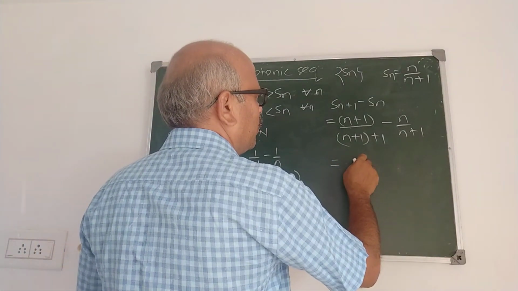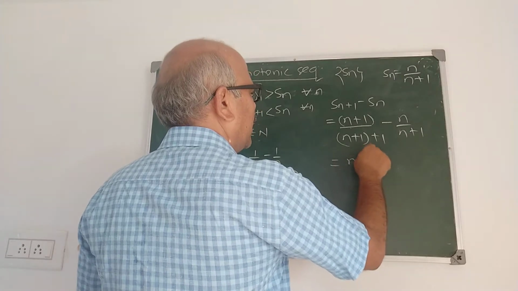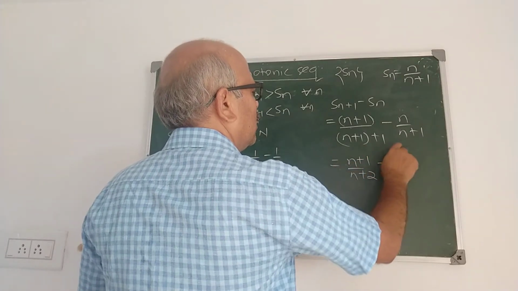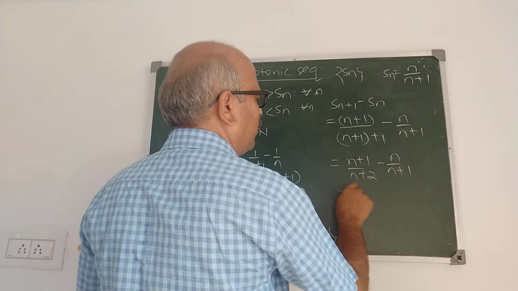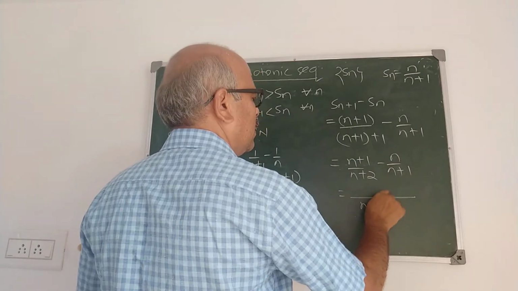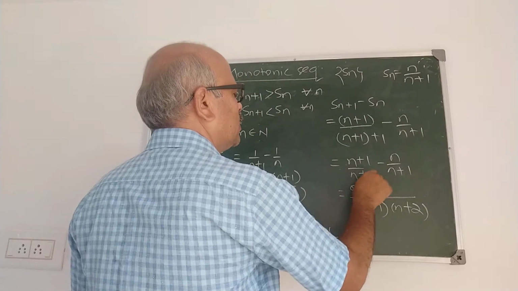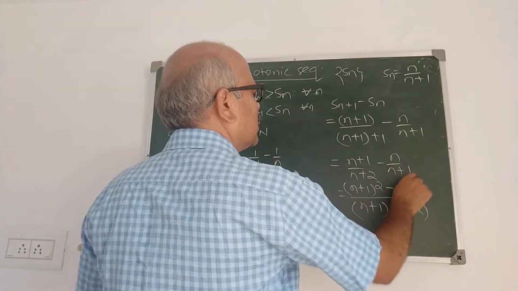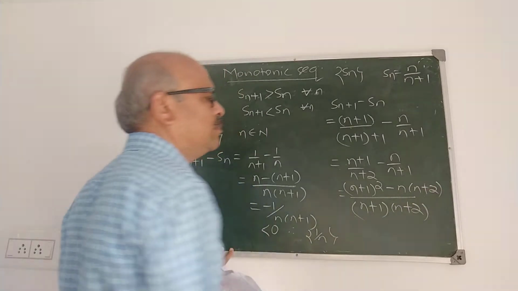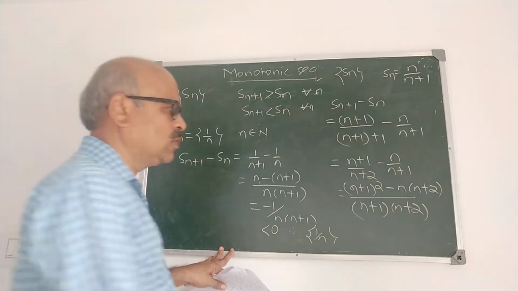It is therefore n plus 1 by n plus 2 minus n by n plus 1. Simplify with LCM n plus 1 into n plus 2. We get n plus 1 whole square minus n into n plus 2, upon n plus 1 into n plus 2.